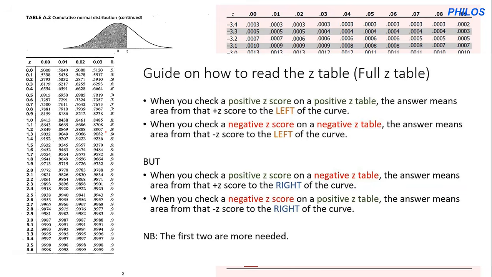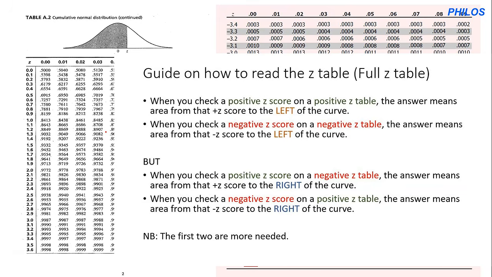Please write it down. This will help you understand how to read the table. Then point 2. When you check a negative Z score on a negative Z table, the answer means the area from that negative Z score to the left of the curve also.